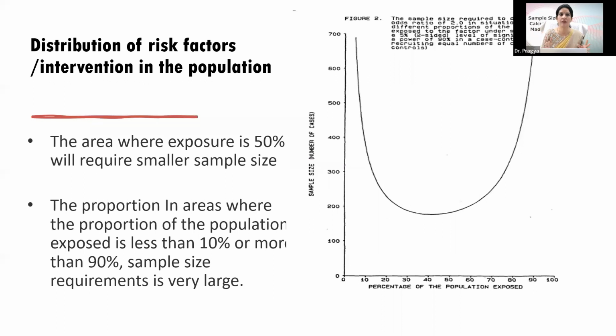In an area where the proportion of population exposed is less than 10% or more than 90%, the sample size requirement will be very high. The lowest sample size will be at approximately 40 to 60%, rather 50%. And if the exposure is less than 10% or more than 90%, the sample size requirement of cases will be very high.